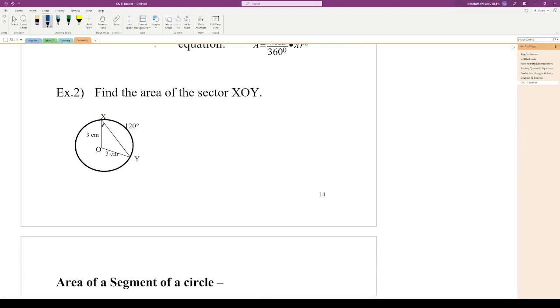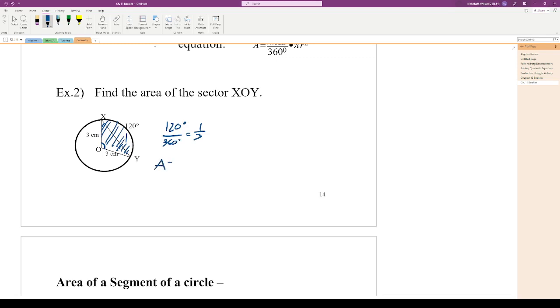So it's not the triangle XOY, it's the sector, so it includes all of this. We have 120 degrees for this arc. Remember, that means our central angle is 120 degrees. That's out of the total 360, which is 1/3 of the circle. So since we have 1/3 of the circle, we have 1/3 of the area.